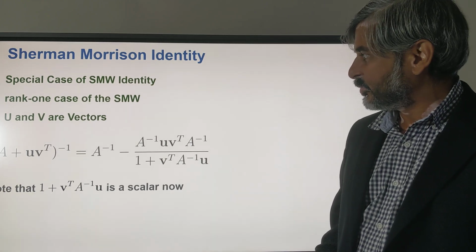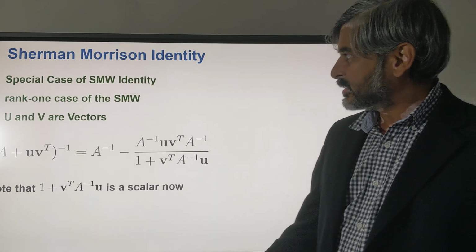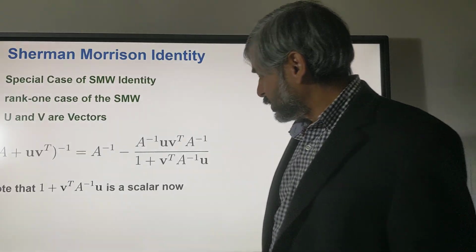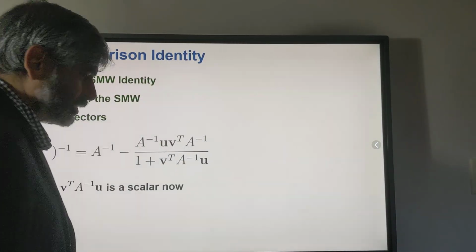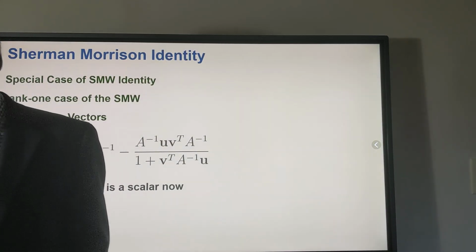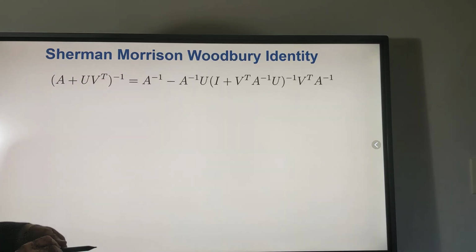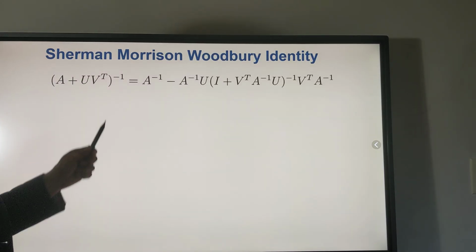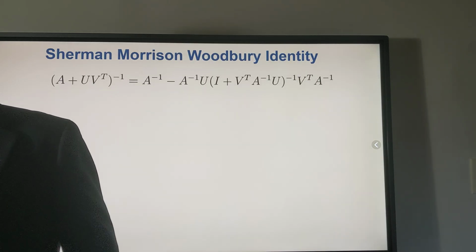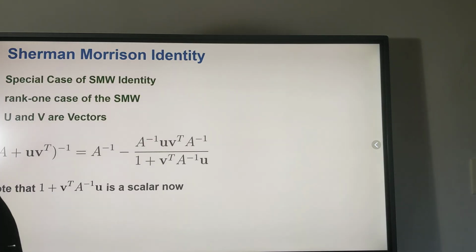Essentially, what's happening is if we take a special case of U and V, these vectors, where we replace the U and V matrices with rank-one matrices, then U and V become vectors. So for example, if U in the previous one were an n by k matrix, now k becomes 1.